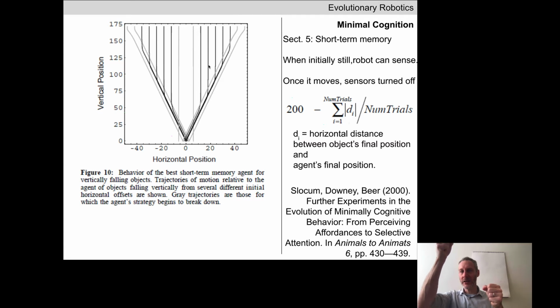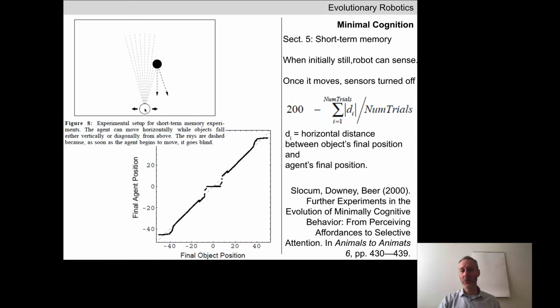The object is falling straight down, the robot is not moving, so the horizontal distance between them stays the same. That's the vertical part of the line. The diagonal part of the line is decreasing the horizontal distance between the robot and the object. The robot is now moving towards the object.